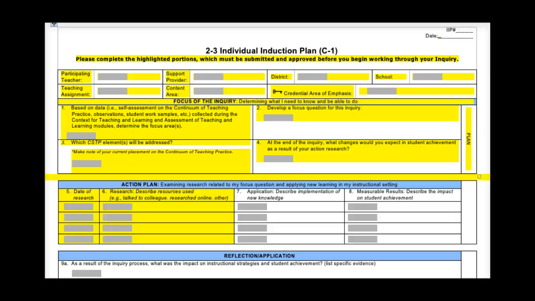So you may want to determine within your own process if the support providers are somehow inserting grades, which is atypical. You will want to ensure that you are the one that submits the grade that gives the participating teacher the go-ahead for proceeding with their inquiry.